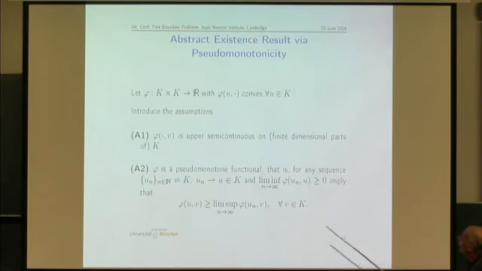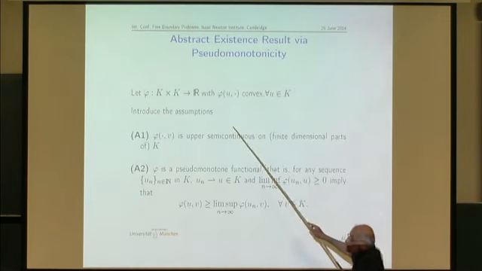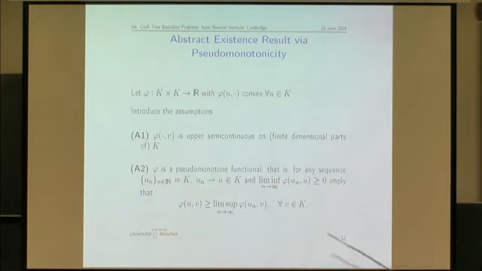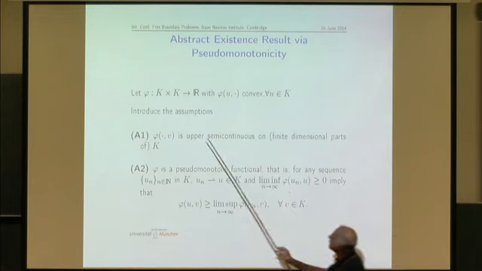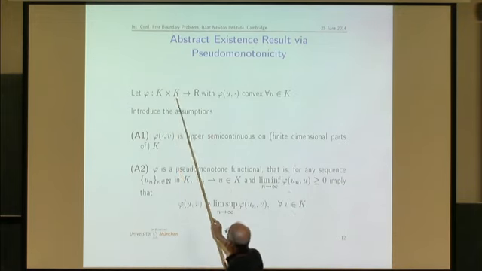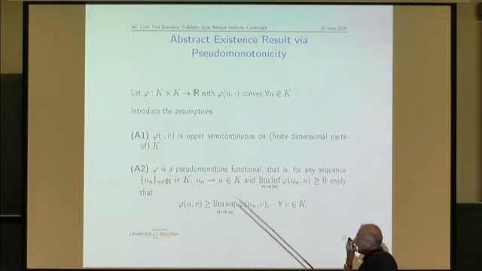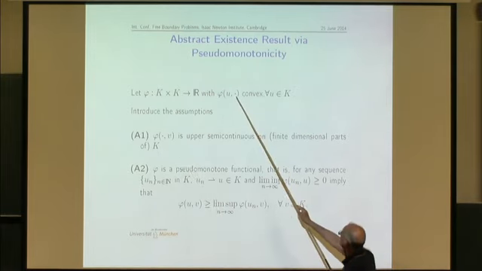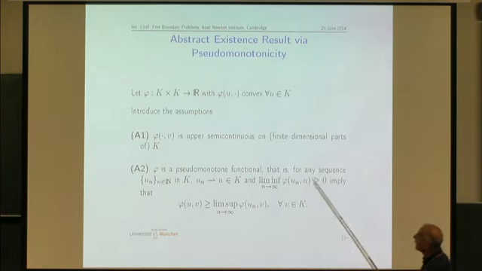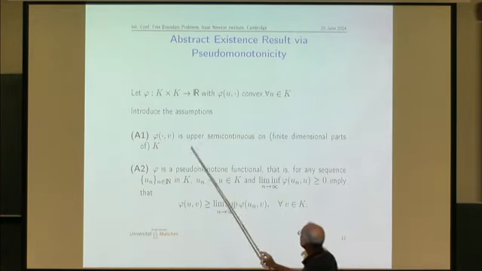Now the first thing mathematicians do, of course, if this mathematical problem makes sense, is to prove some existence result, and this can be done in the framework of pseudo-monotone variational inequalities. What are pseudo-monotone variational inequalities? You have here a function phi which lives on the product of a convex closed set K, where phi in the second argument is convex, and phi in the first argument is upper semi-continuous.